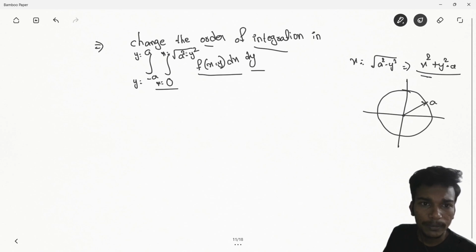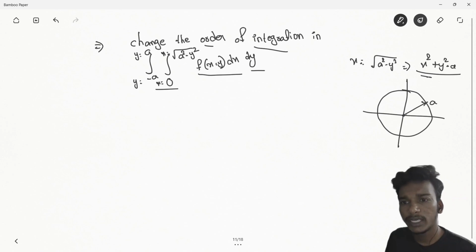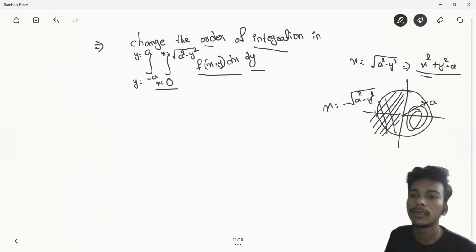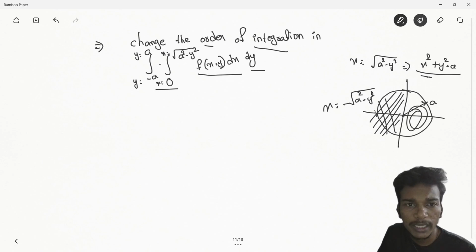If you consider the limits of y, we don't know which side we are integrating. Like from x equal to 0 to here, we are not considering the left side of the function, that means x equal to minus under root of a square minus y square. We are not considering this. We are considering only this area.